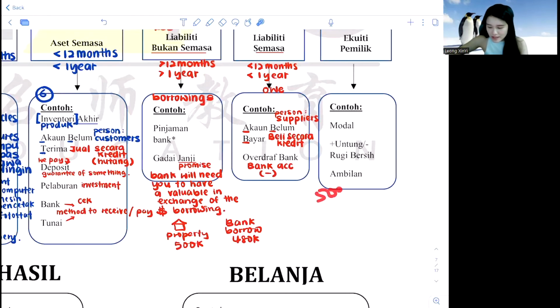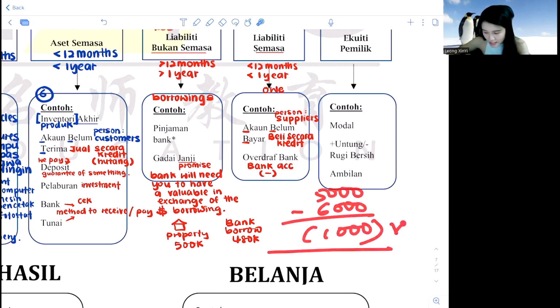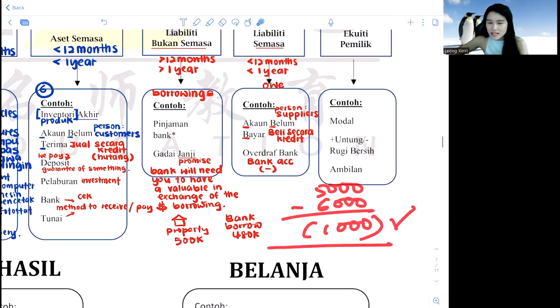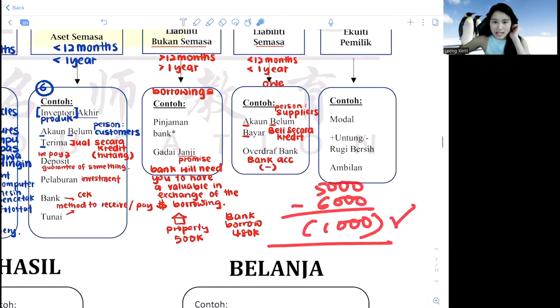So you notice just now I said 5,000 minus 6,000. Why is it still written as 1,000? Because this is the quota that they allowed you, but it doesn't mean that it is your own money. Of course, they have to present it in a negative form, so then you know you are actually owing to the bank. It's a little bit like a credit card, except that this transaction is done through a debit card or a savings account, so through cheque.